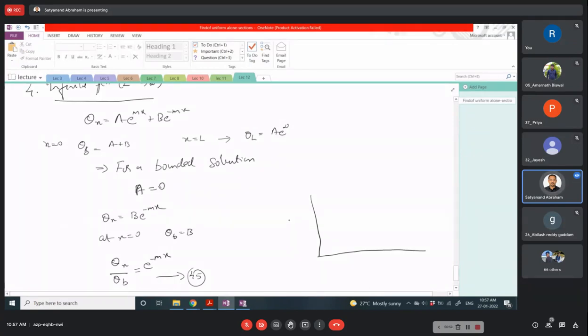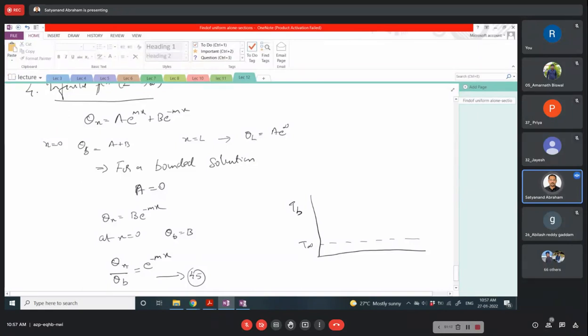Here we have T b, and here T infinity. As L tends to infinity, e raised to 0 is 1, and 1 by e raised to infinity is 0.